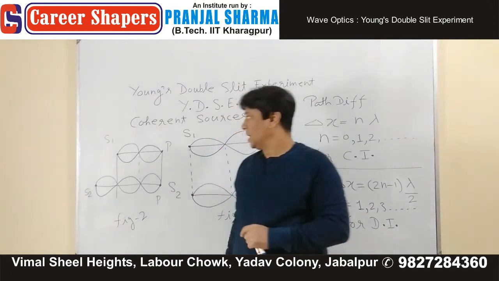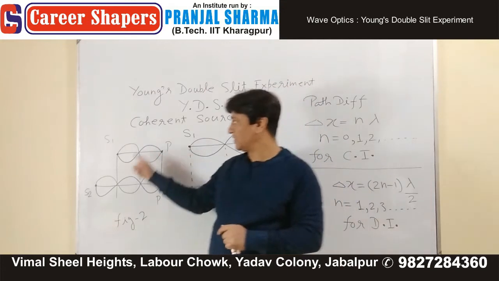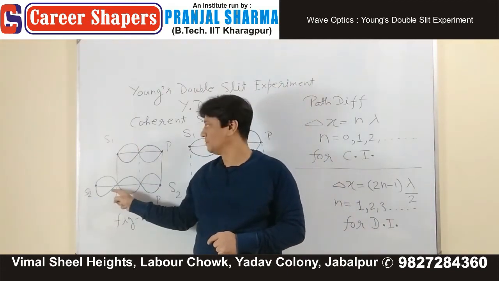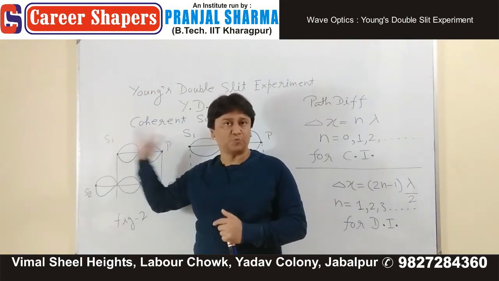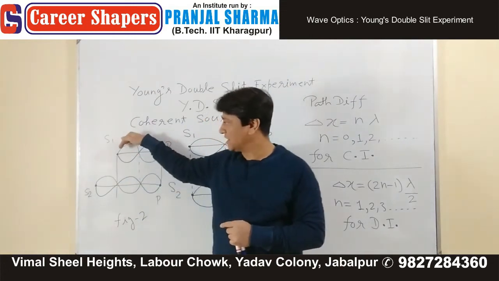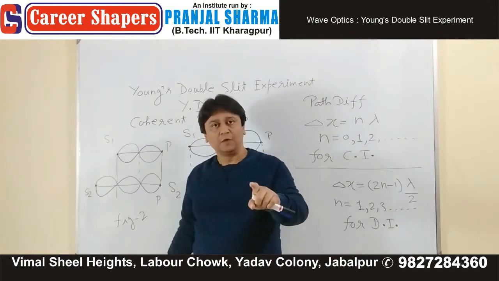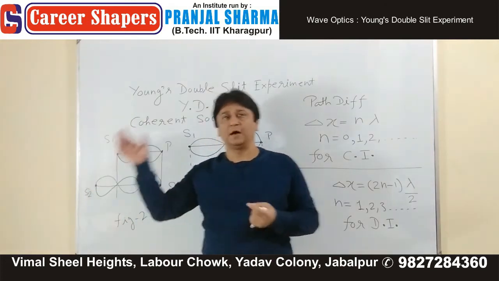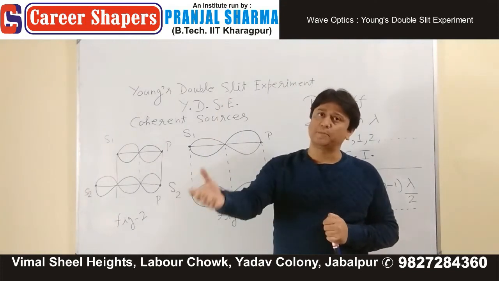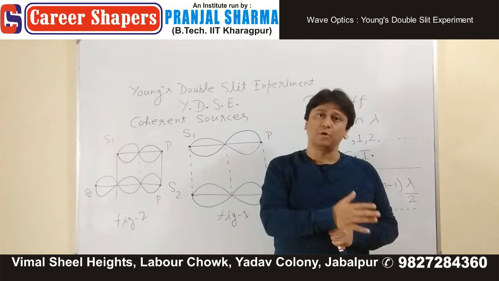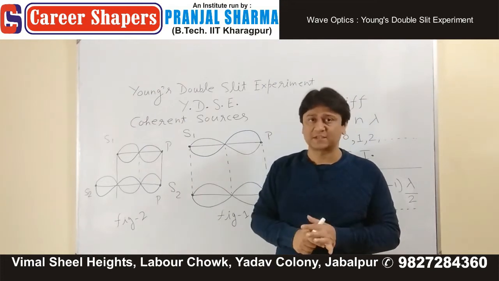Now, if we say that S1 sends black and S2 sends blue, things will be much more clear. Now, if S1 sends black and S2 sends blue, what is the phase difference? Pi. We have no issue. If you have phase difference of 0 or pi, the thing is, if you can maintain this phase difference throughout, then you will get a stable pattern.